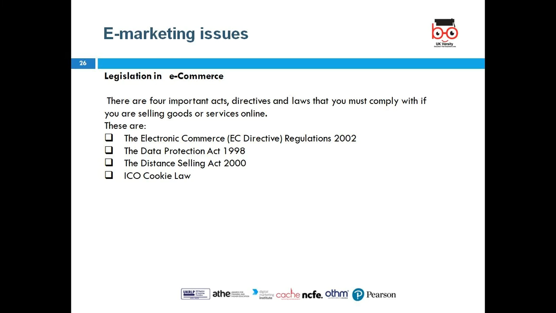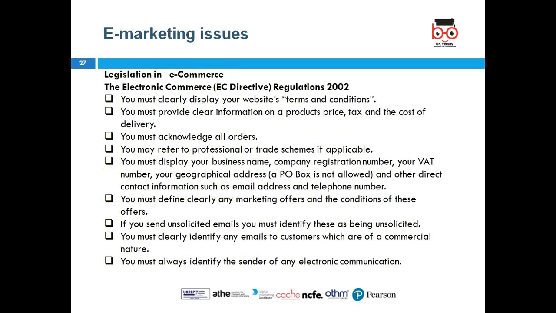So the electronic commerce legislation: the E-Commerce Directive regulation 2002, the Data Protection Act, distance selling, and the ICO cookie law. The e-commerce directive regulation says that you must clearly display your website terms and conditions. You provide clear information on product price, tax, and cost of delivery. Do you agree? Yes.